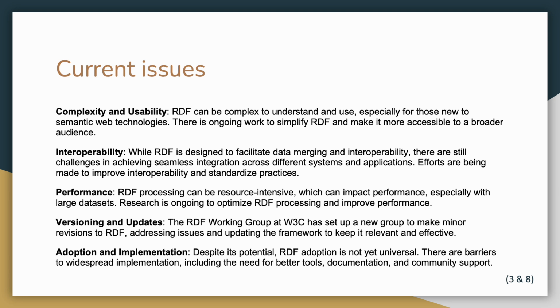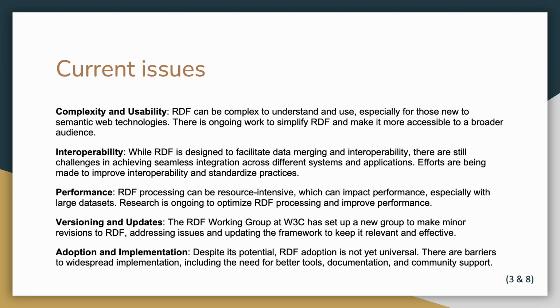Performance is also a big issue. Processing RDF datasets can be resource intensive, which can impact performance of servers at different institutions. Research is ongoing to kind of optimize that processing, but as it stands right now, it requires a certain level of equipment and software that some institutions, specifically smaller libraries, can't really achieve.